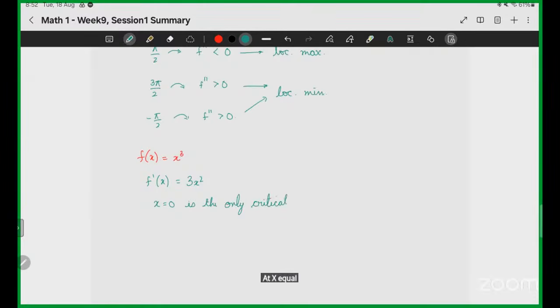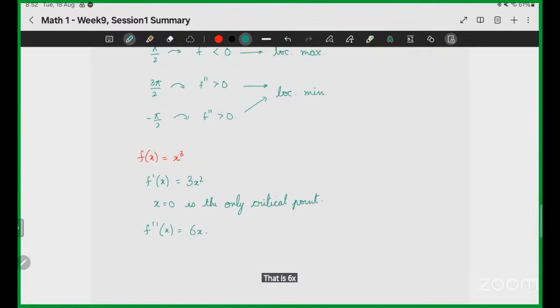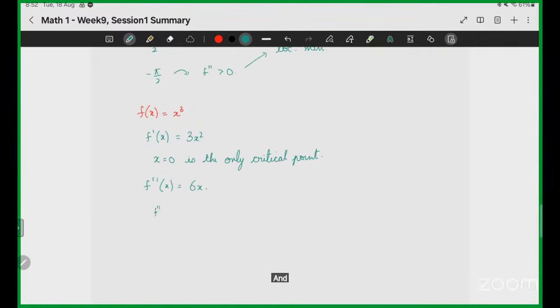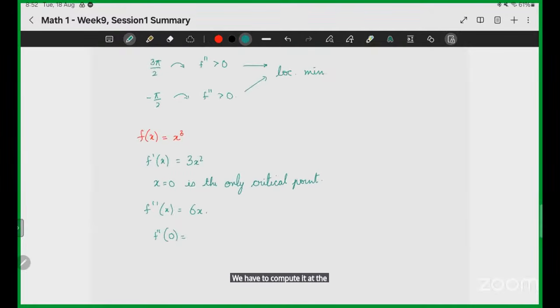So this is the only critical point. But if I look at f double prime of x, that is 6x. And f double prime of 0, we have to compute it at the critical point. So this would be 6 times 0, which is 0. So the test is inconclusive.